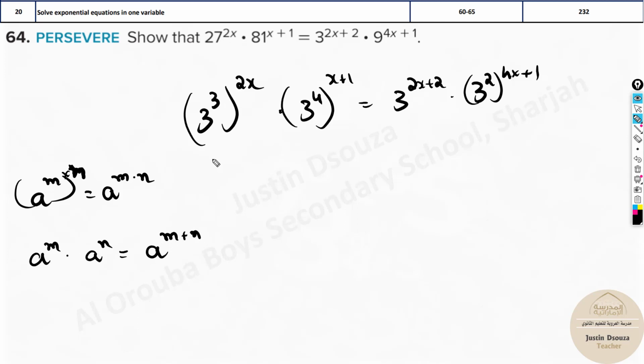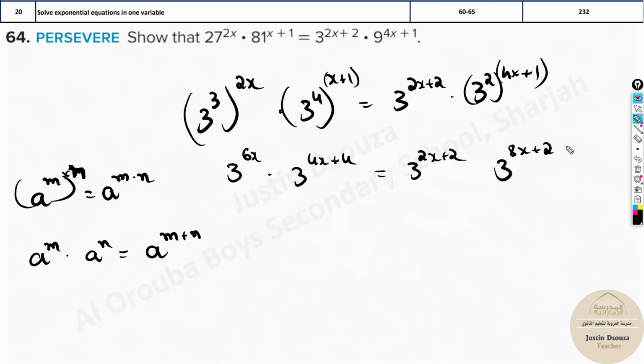Now here you multiply the powers. In the sense, it will be 3 times 2 is 6x, multiplied by 3. Now this 4 will use the distributive property, okay? It's not just for one term, it's distributive. So it will be 4x plus 4 equals 3 to the power 2x plus 2. And lastly, we have 3 again with the distributive property. It will be 8x plus 2.